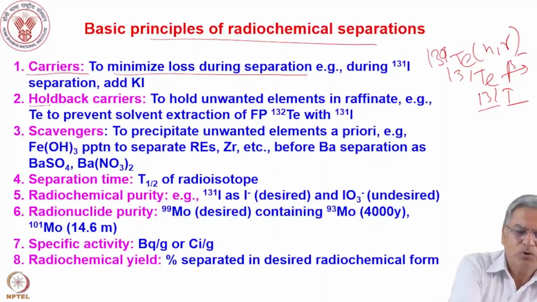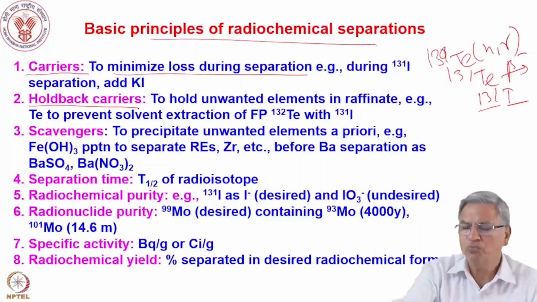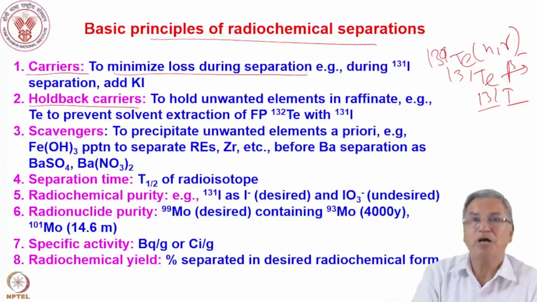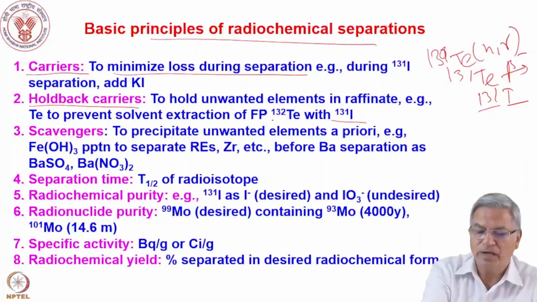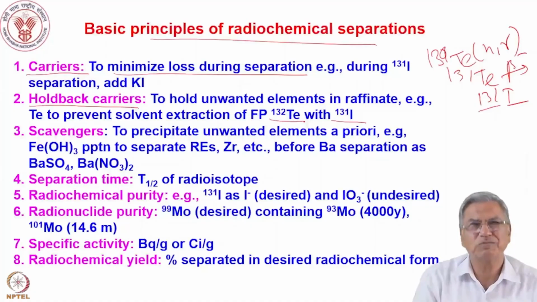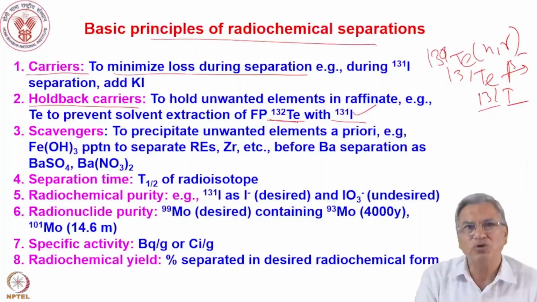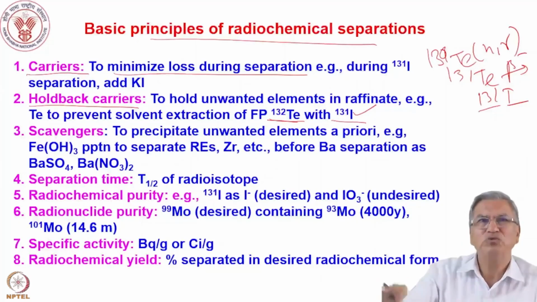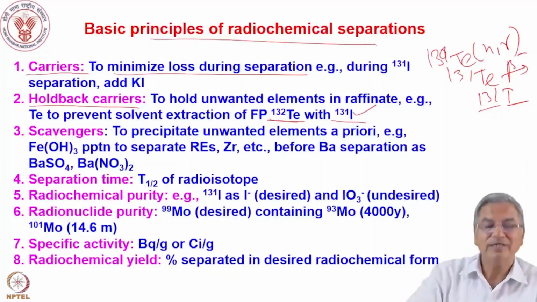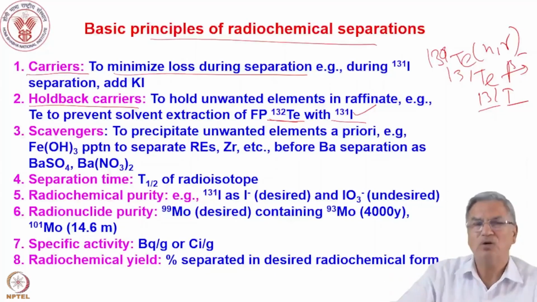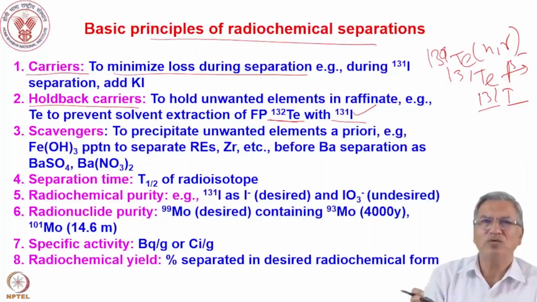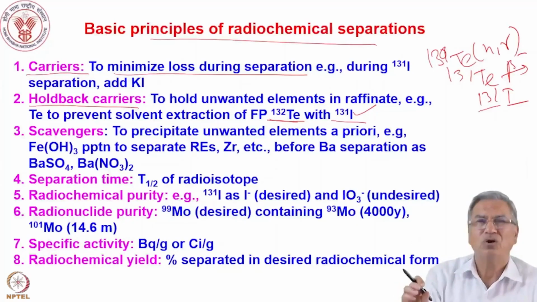Then there is a term called holdback carriers. Suppose along with the iodine, you have other isotopes. For example, in fission, you have iodine 131, you have tellurium 132. They are fission products. Both of them are carrier free, meaning only atoms of these radioactive isotopes are present. And we want to separate iodine 131 as a fission product, but we don't want to separate tellurium 132. So for iodine, we may use KI as a carrier, but to prevent some portion of tellurium going along with the iodine 131, suppose you do precipitation of silver iodide, then there is a possibility that tellurium 132 may get adsorbed onto the precipitate.